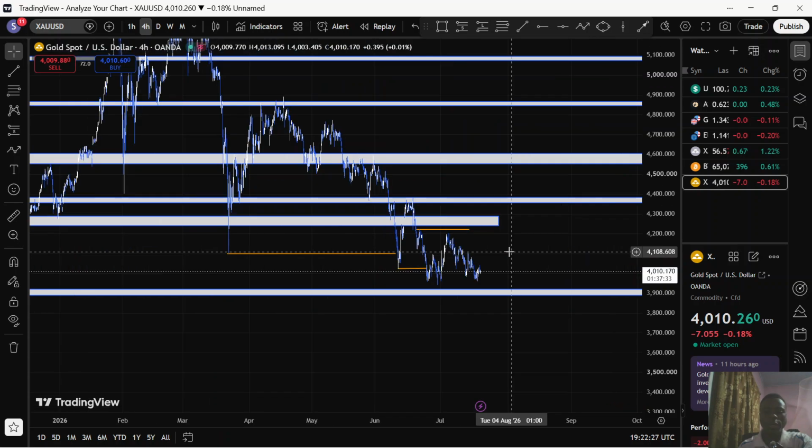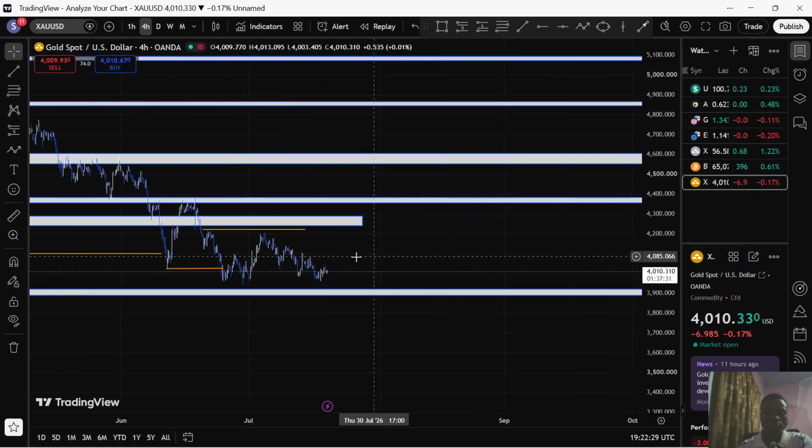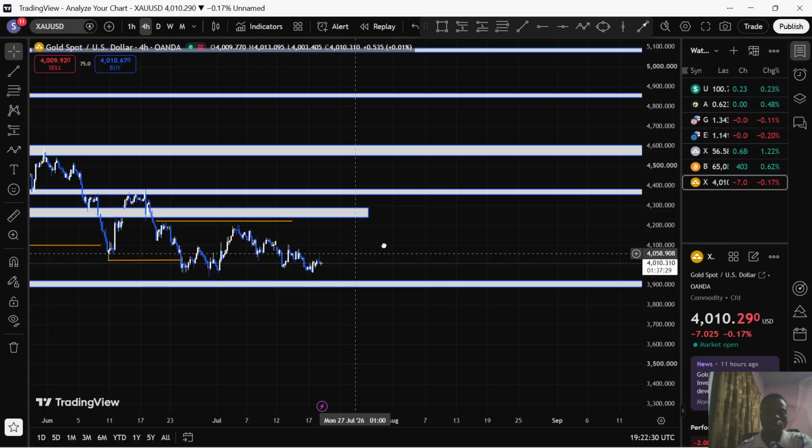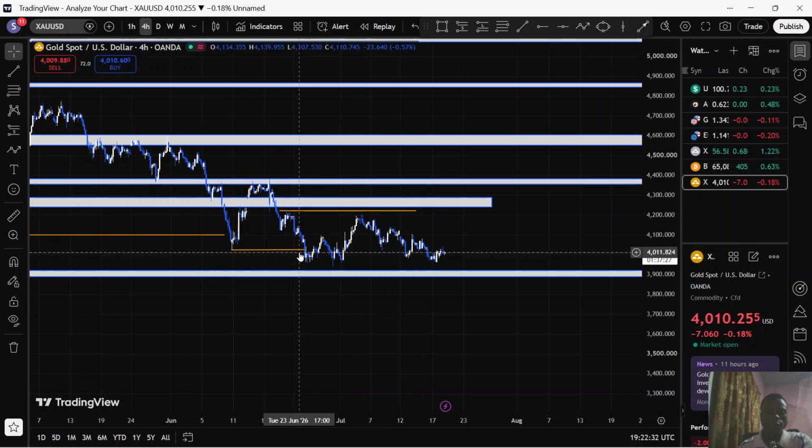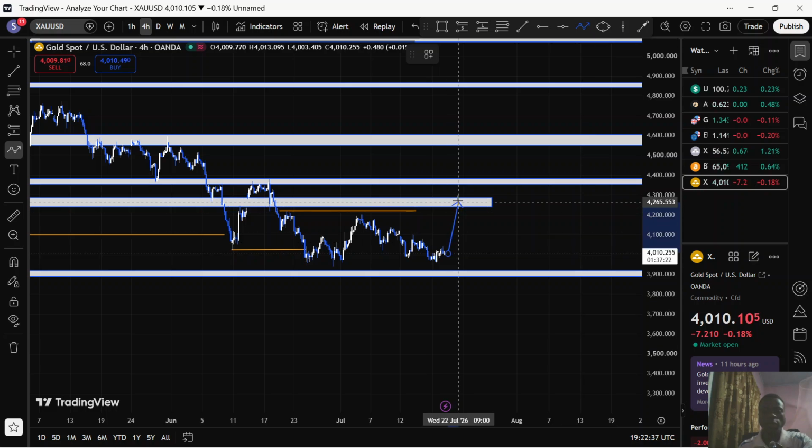So I was expecting, since we already had this break of structure, the market to pull back into this zone, taking out early sellers, triggering the buy stops, collecting liquidity, pulling back here, confirmation, then sell all the way to this zone.